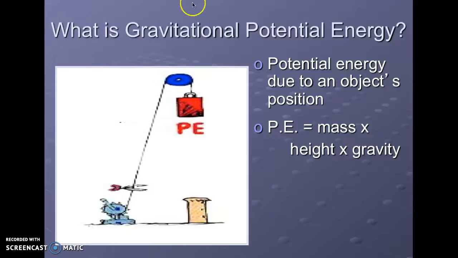So it has a greater gravitational potential energy because it's very high. Now if we lowered this, the gravitational potential energy would then decrease. So the higher up you are above the ground, the more gravitational potential energy you have. So it's the potential energy an object has due to its position above Earth.